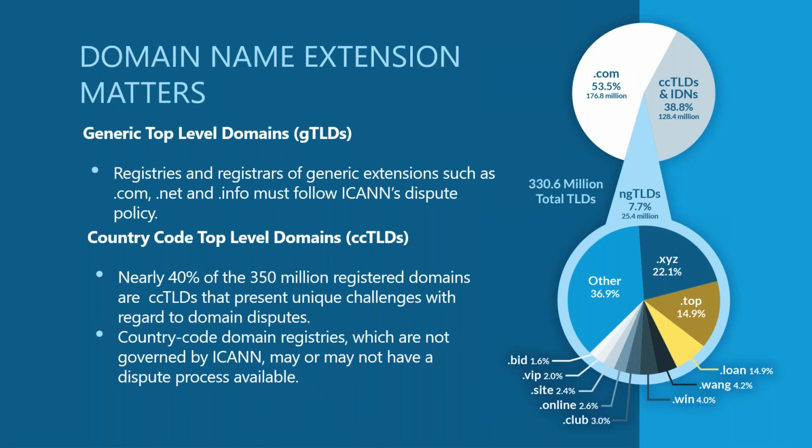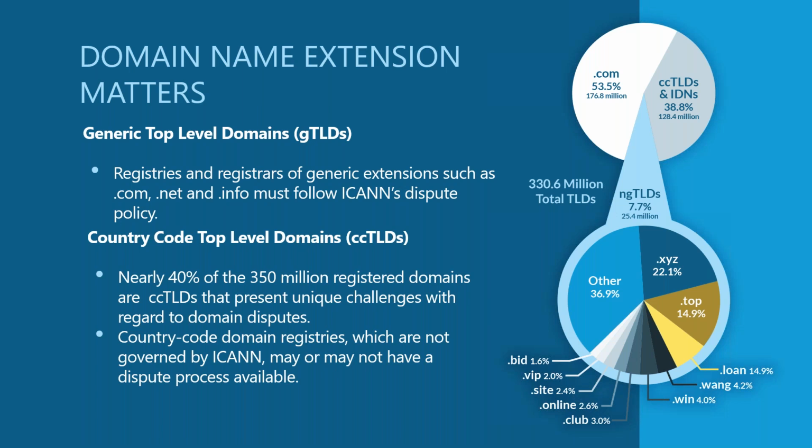And when it comes to both investing and cyber squatting, the domain name extension does matter. So those generic top-level domains like .com, .net, .info, those that you're commonly used to seeing businesses associate their main sites with, those are governed by ICANN, so there's a dispute policy involved in that, and it's very structured.